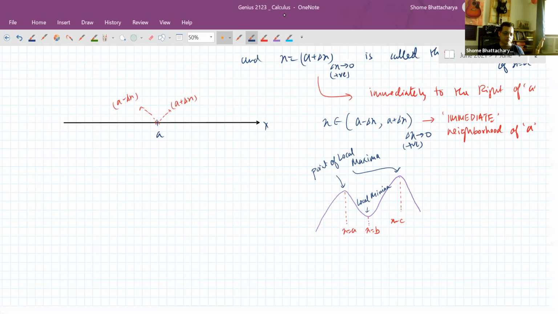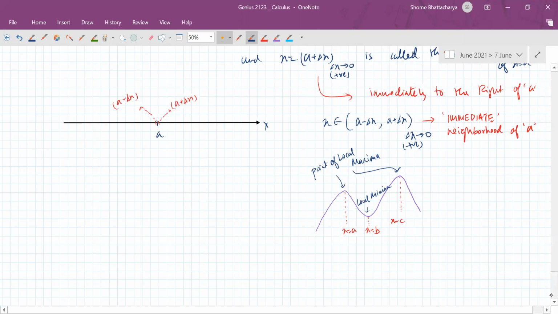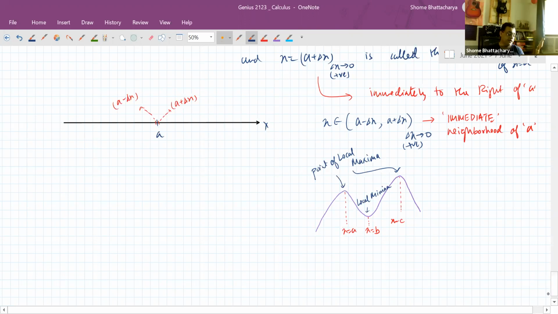Yes, Nishchay. Sir, so out of a total number of local maximas, there is only one global maxima, right? Yeah, and the other interesting thing is, your global maxima may not be a local maxima. Like you visualize a cubic function, it's like this.